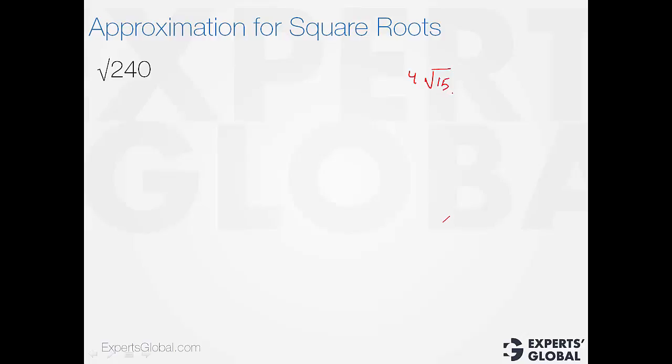I know 40 square is 1600. I know 39 square is 1521. So this should be just a bit less than 3.9. Something like 3.8 or something. So in this case, I would know 3.8 square and 3.9 square. 3.9 square is 1521.